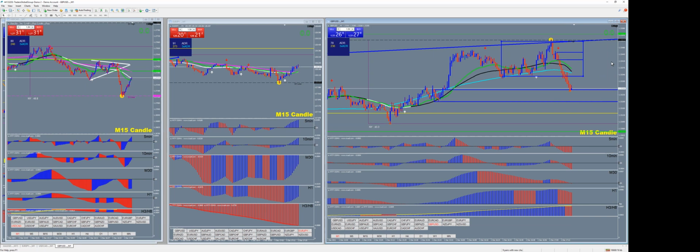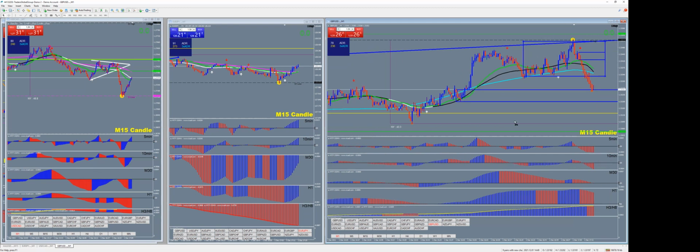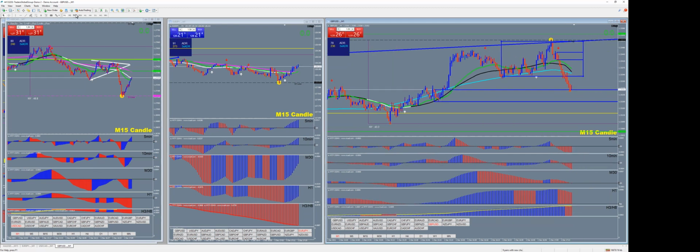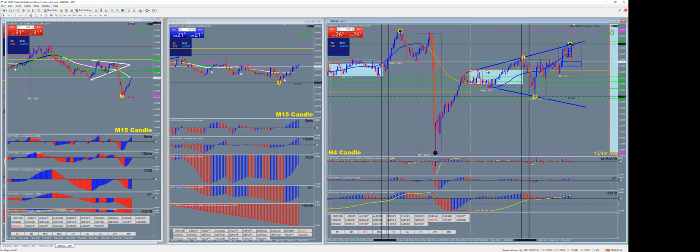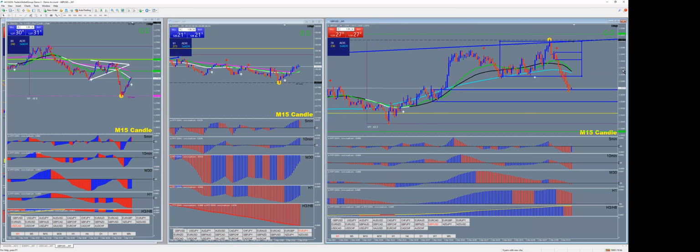It's also at a, what do they call that? I forgot what they call it. Round number. Correct. 25. Right at that. And if it goes past 25, it's going to go to the 0, 0. Might take its time, but it'll get there.